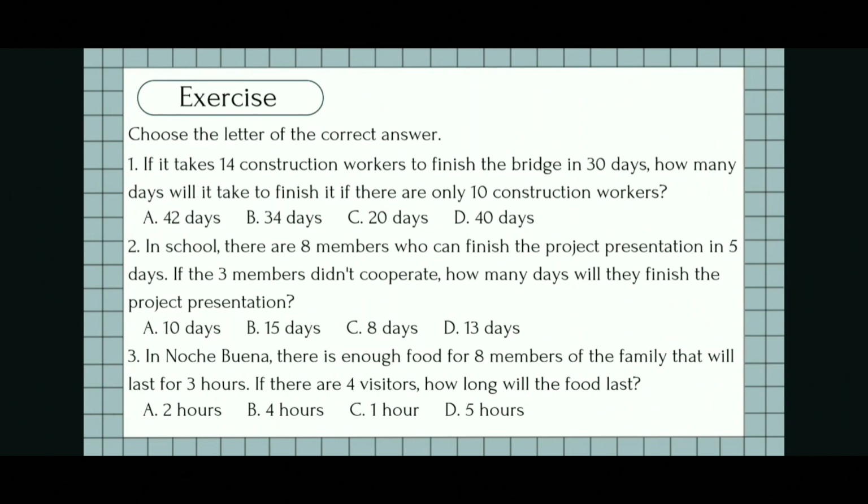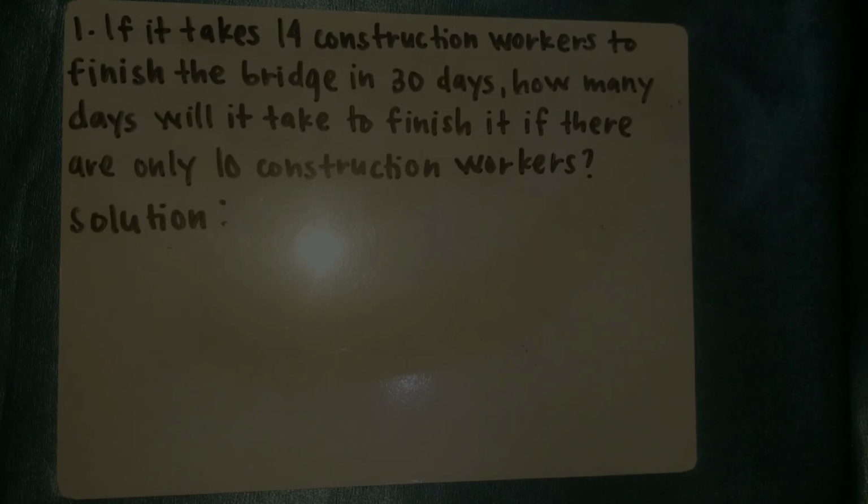Number 1. If it takes 14 construction workers to finish the bridge in 30 days, how many days will it take to finish it if there are only 10 construction workers? The answer is letter A, 42 days. Solution.